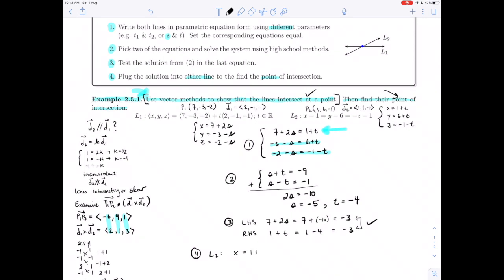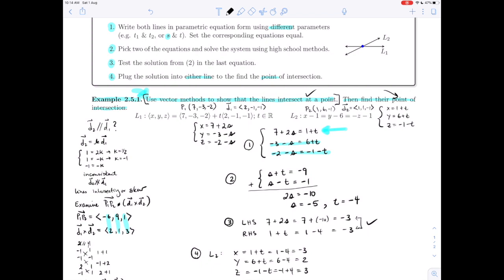is 1 plus t, which is 1 minus 4, which is minus 3, and y is 6 plus t, which is 6 minus 4, which is 2, and z is minus 1 minus t, which is minus 1 plus 4, which is 3.